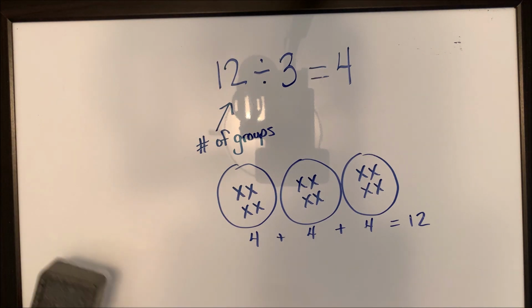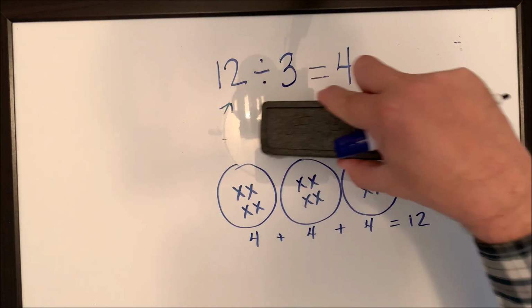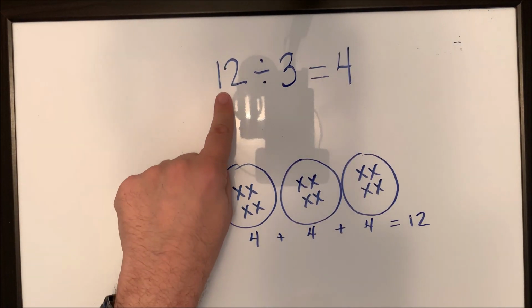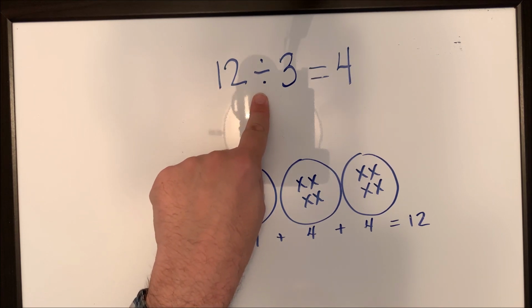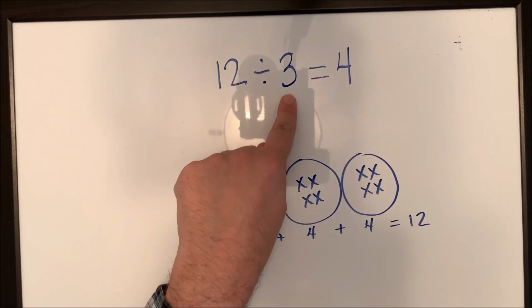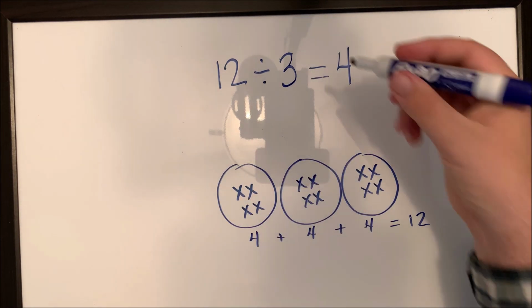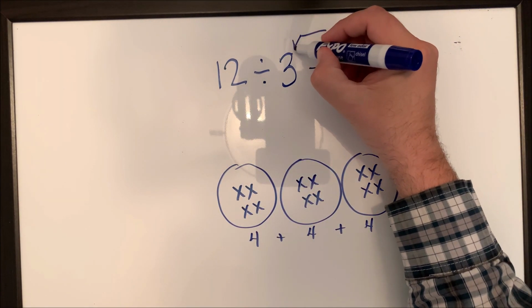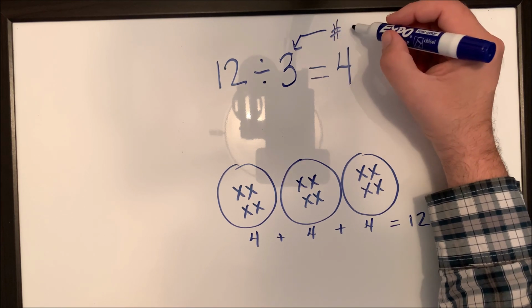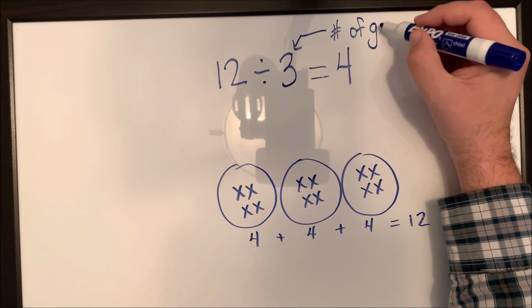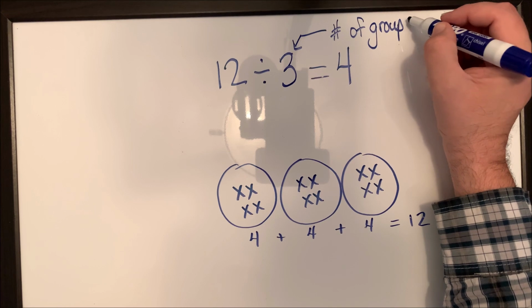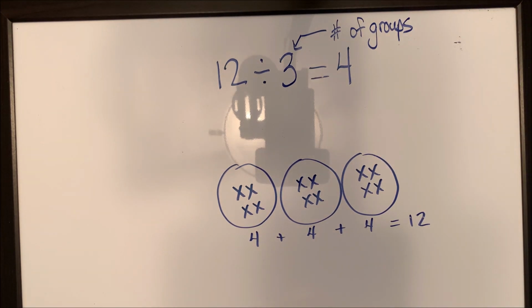So the way I used to say it as a kid is 12 divided into 3 equal groups equals 4. So my groups is now here. This is the number of groups. So it's just the opposite of multiplying.